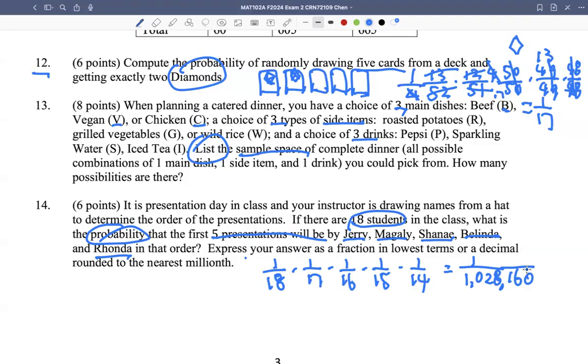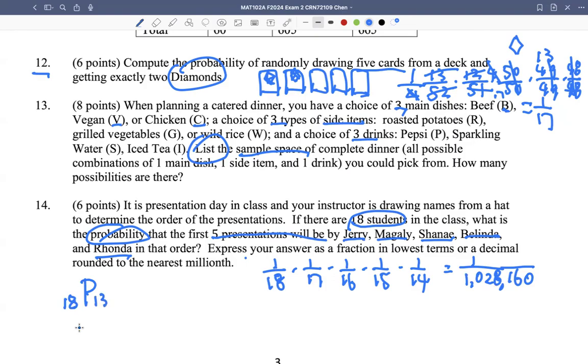Another way to think about it is, okay, 5 people have been decided. So we just have to permute the rest of the 13 of them. Hold on a second. Yeah, we just have to permute the rest of the 13. So out of 18, we permute 13.